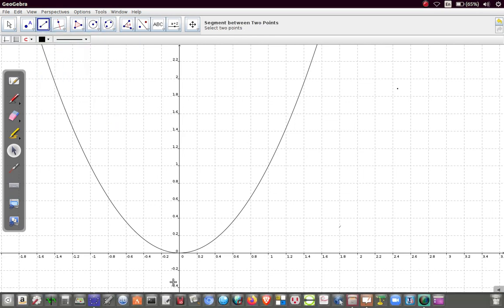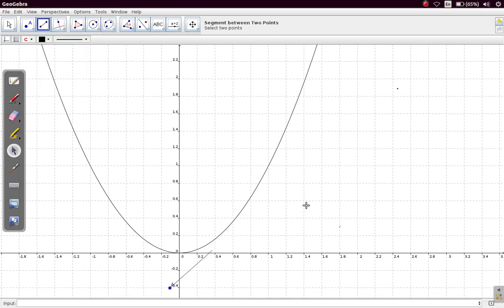Well, one thing we could do is to draw a tangent to the curve at x equals 1. It must touch the curve at x equal 1, but not cross it.